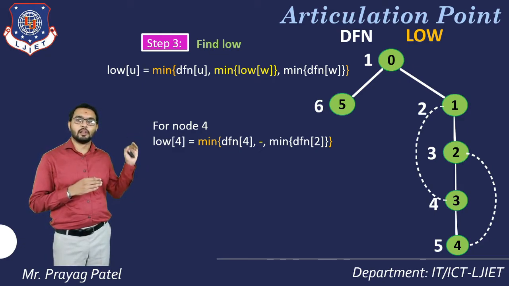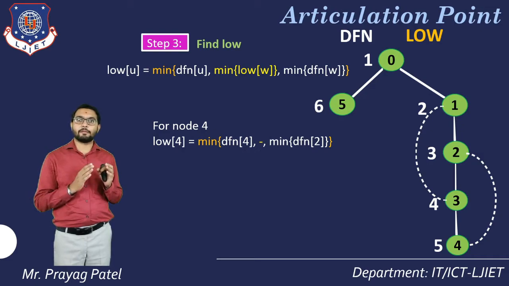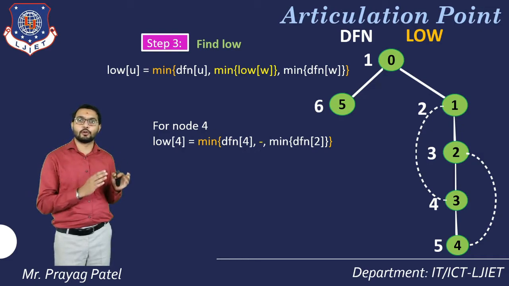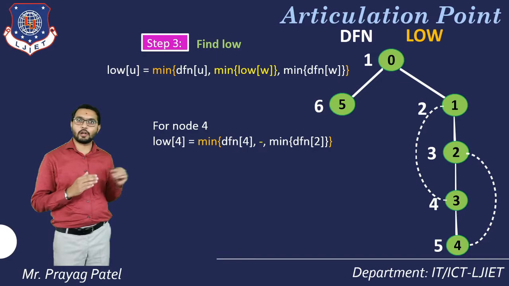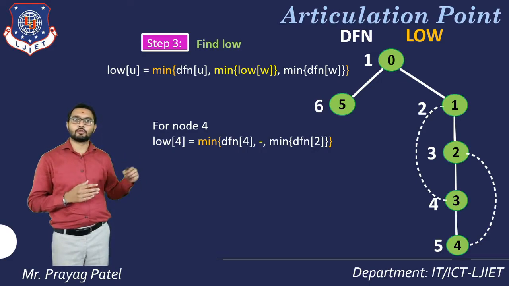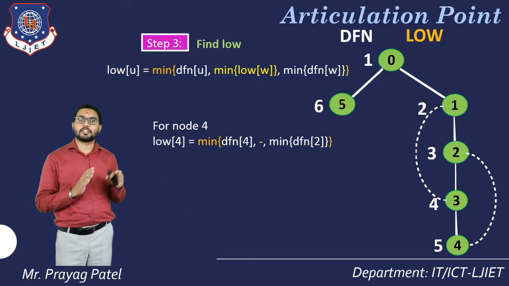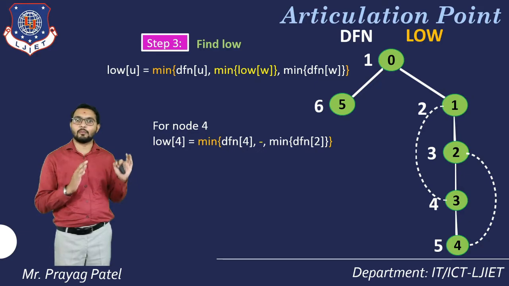For node 4, low of 4 equals the minimum of DFN of u, meaning DFN of 4, your node's DFN. The second part is the child of node number 4. Here, a child of node 4 is not available, so consider the second part as a dash or blank.